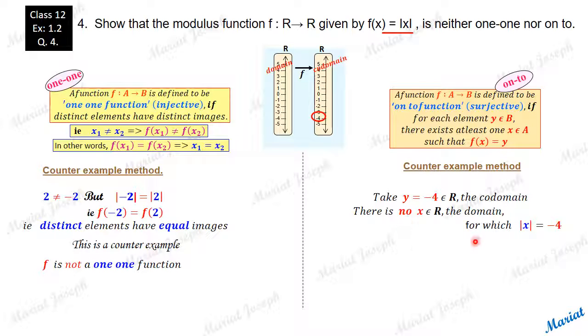The second stage of this definition is not fulfilled. Hence, y equal to minus 4 goes as a counter example, an example that goes against the definition. So we say the function is not onto function. Hence, this modulus function is neither one-one nor onto.